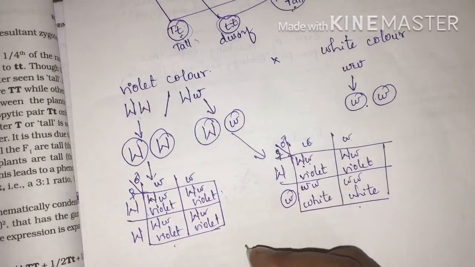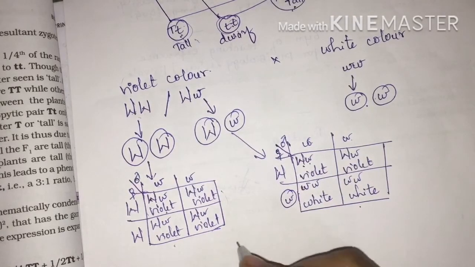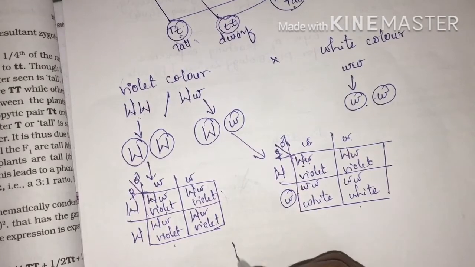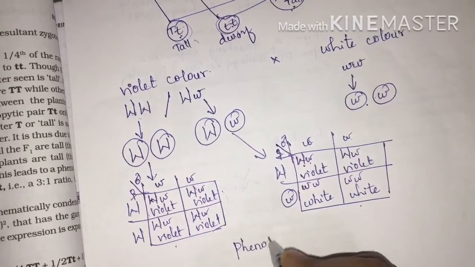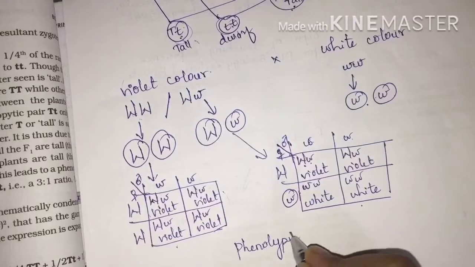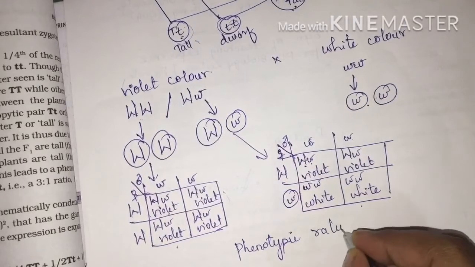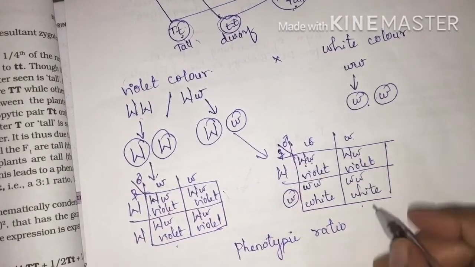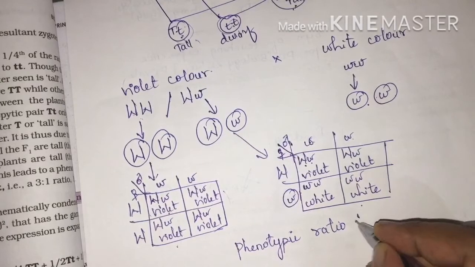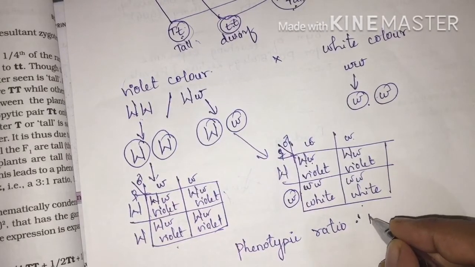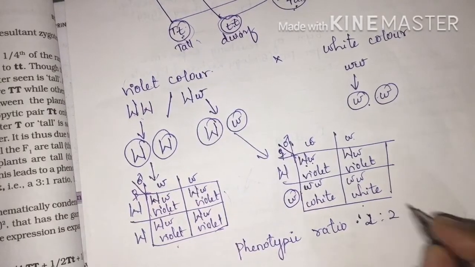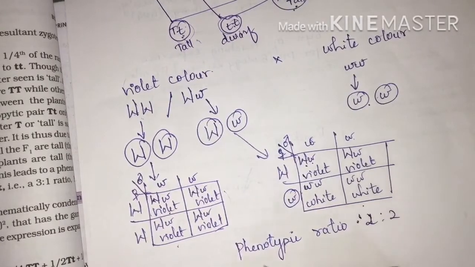Now how will you write it? It's a phenotypic ratio. Phenotypic or genotypic ratio both will remain the same in a test cross. The phenotypic ratio of a heterozygous individual will be 2:2, 2 violet, 2 white.